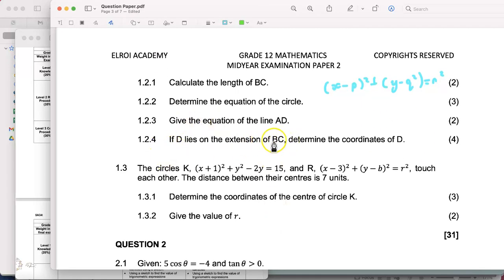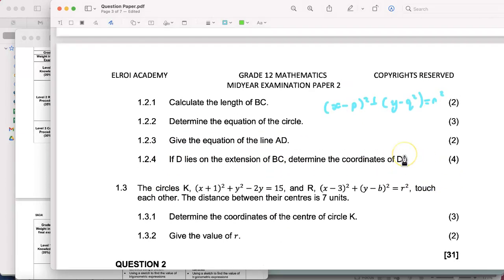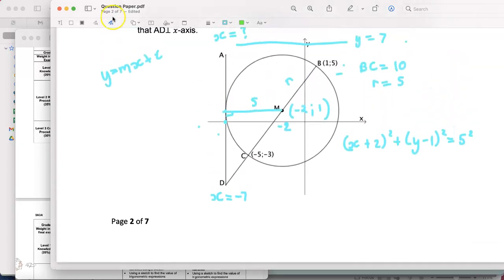If D lies on the extension of BC, determine the coordinates of D. So it's saying BC gets extended, and then it intersects there. So this is literally the point of intersection between the line y is equal to m_BC x plus c, and x is equal to -7.